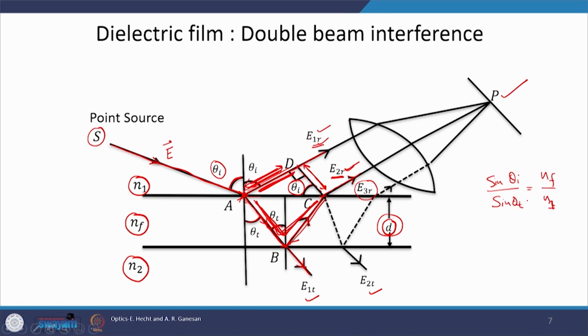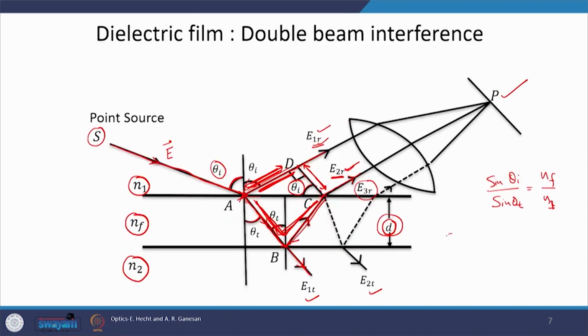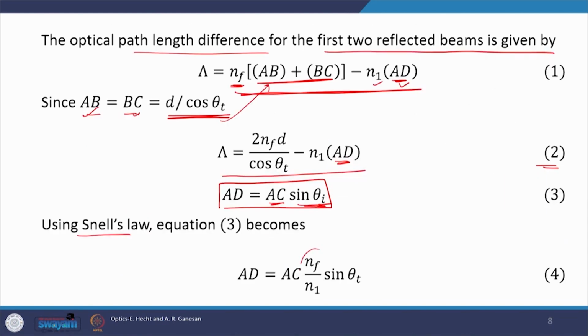If this is known, then we can get the expression for theta I: sin theta I is equal to NF upon N1 into sin theta t. Therefore, we can replace sin theta I by NF by N1 into sin theta t, and this is what is being done. Sin theta I in equation number 3 is replaced with NF by N1 sin theta t.